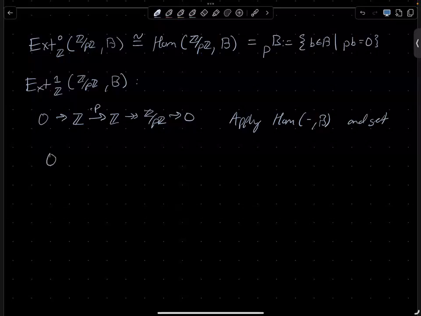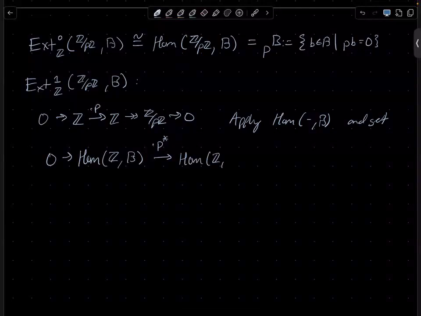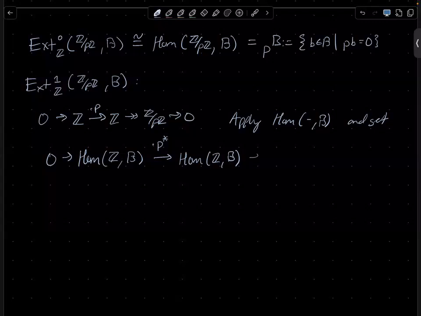So we should get 0, Hom(Z, B), and then this map with an upper star, which means pre-compose by multiplication by p, and then again Hom(Z, B), and then 0 again. Right. But remember that these are just B. And if you trace the isomorphism, this is just, again, the multiply by p map.